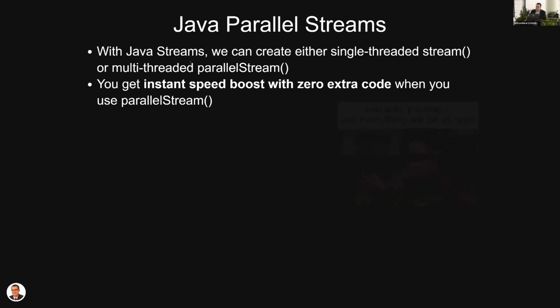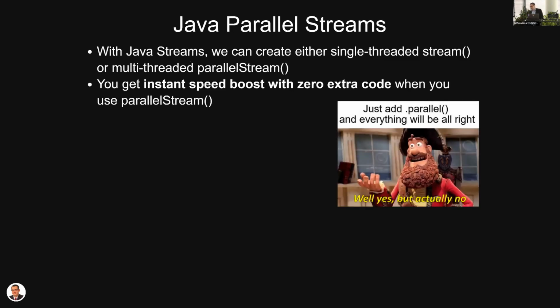But can we just add parallel and everything's going to be cool and faster? Yes, but no. As always with concurrency, we need to take care of all the concurrent problems that can happen, like race conditions, values overwriting each other, etc. It's a topic for a whole separate presentation.